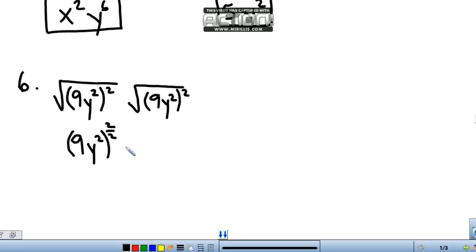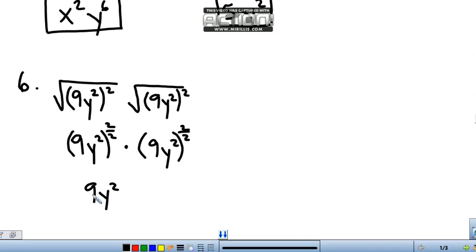I'm going to go ahead and show multiplication with the little dot there. And this is the same thing as what we have over here. So that's 9y squared to the 2 over 2 power. Okay, I'm going to go ahead and simplify my 2 over 2 for each one. So that's just 9y squared. This whole thing is to the 1st power.